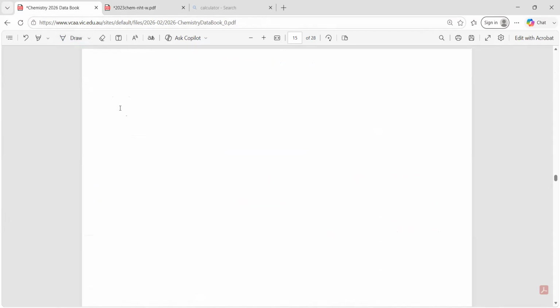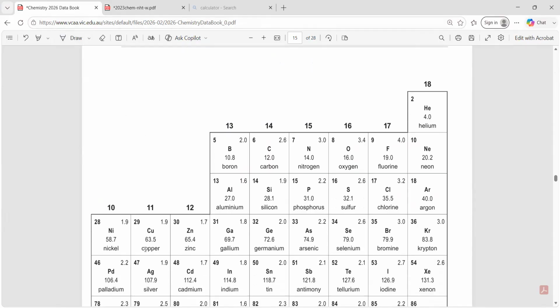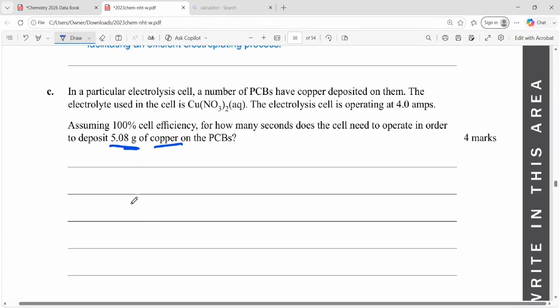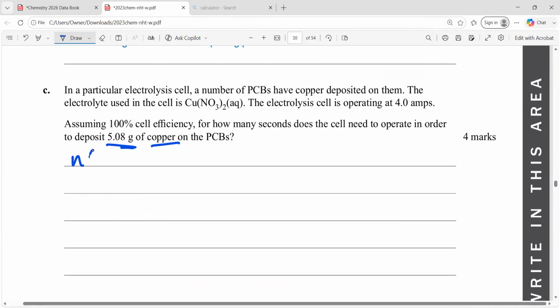I'm pretty sure it's 63.5. So basically you want to find the moles of copper, which is 5.08 over 63.5. I mean, these questions are incredibly easy. There's not much you need to do here. This should just be muscle memory at this point.